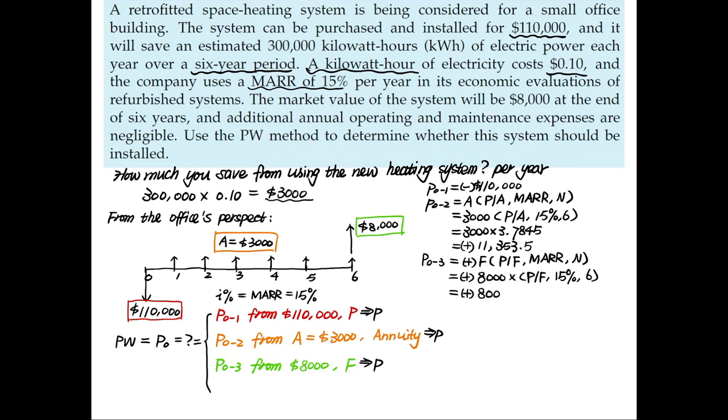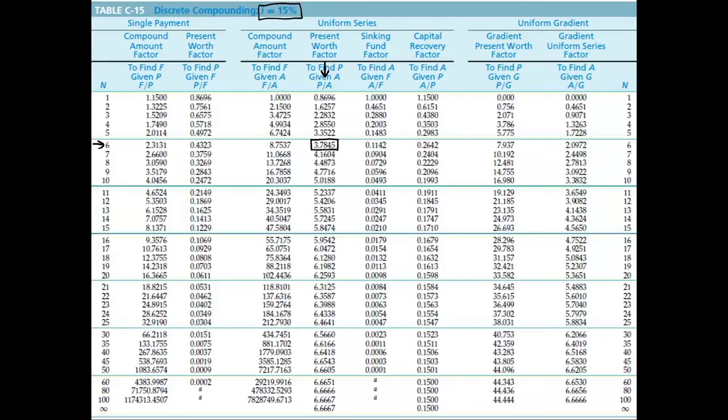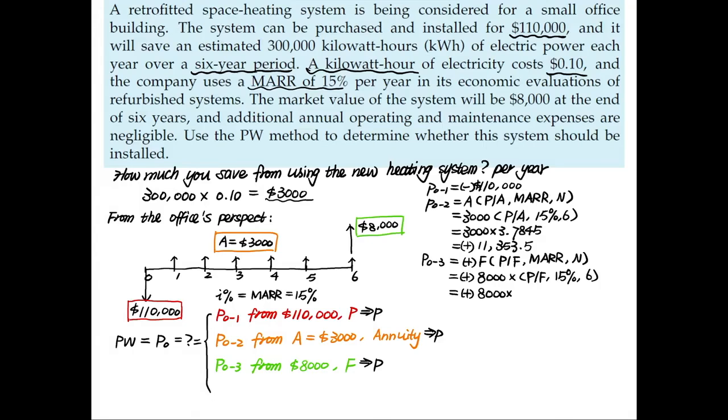So positive $8,000 times the factor. Row is 6, so it's this. So it's 0.4323. It's positive what? $3,458.4.